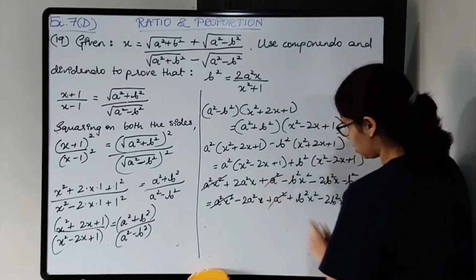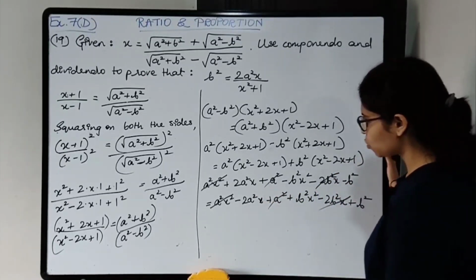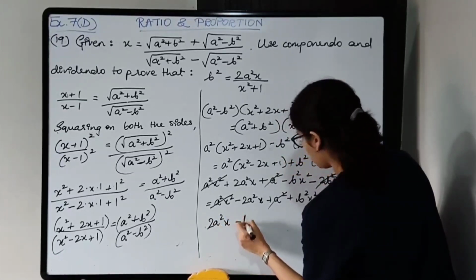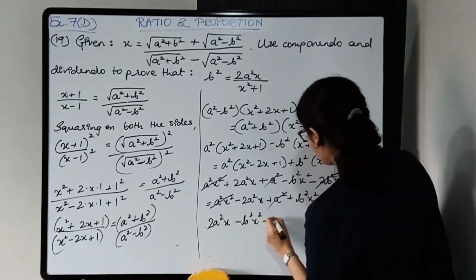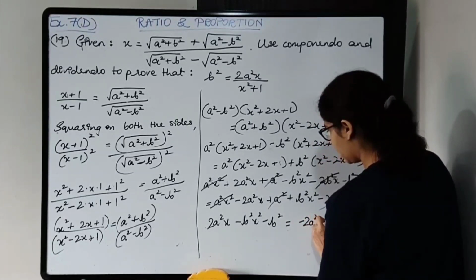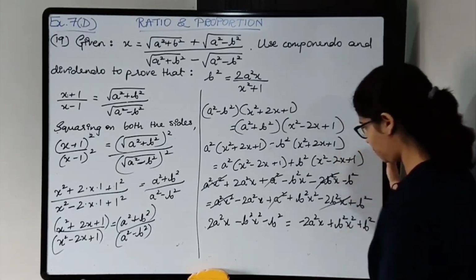This I can cancel out. Again the signs are opposite. This I can cancel out. So we are left with 2a square x minus b square x square minus b square is equal to minus 2a square x plus b square x square plus b square.